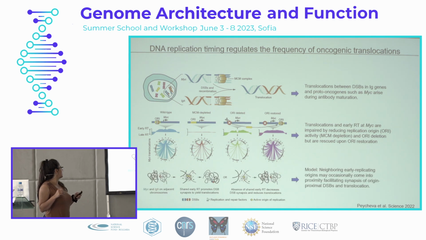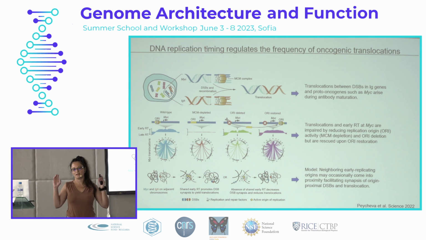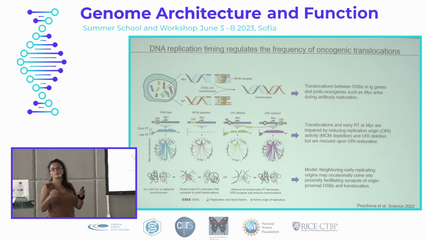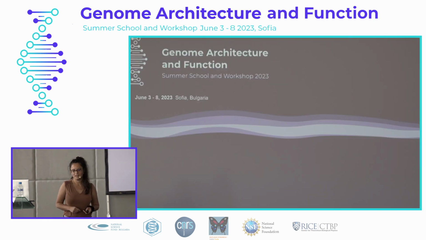And also this led us to hypothesize that replication timing is important for translocation genesis by bringing genes into close proximity. And yeah, I think I was very fast, so I have a few minutes to tell you a bit about the second story.